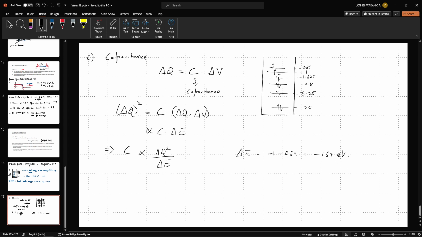This is the amount of work that was done to introduce these two charges.